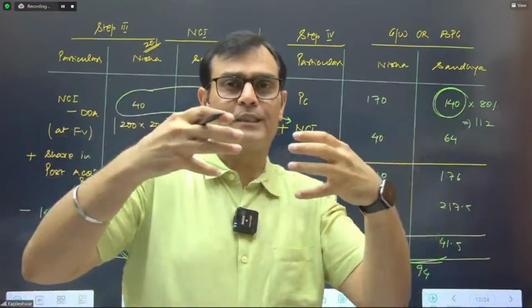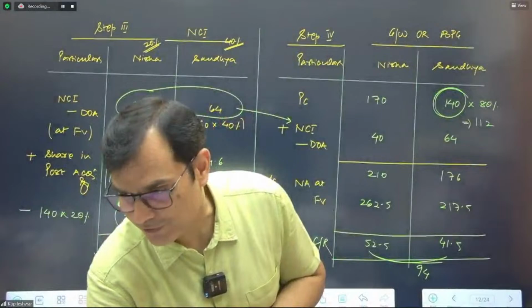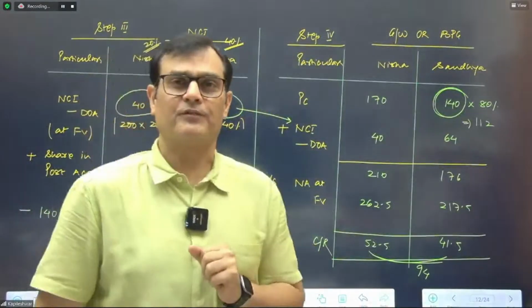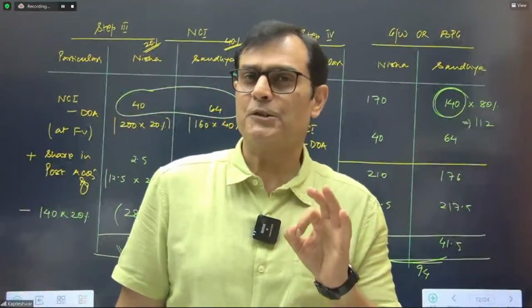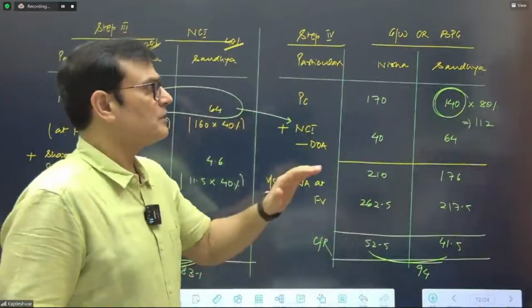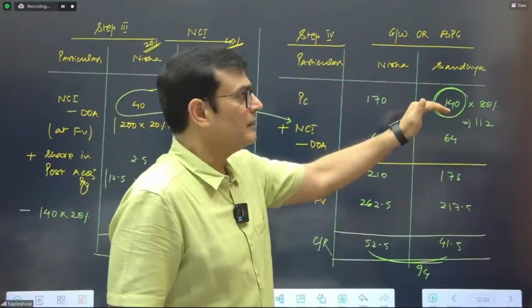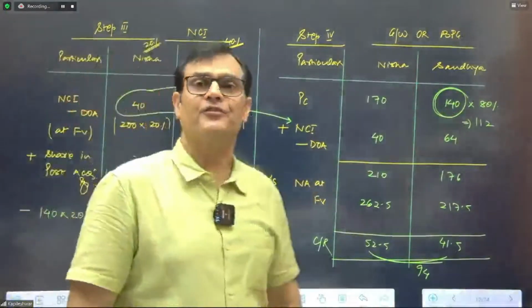So you are going to set it off against NCI. Am I clear with the logic, friends, on this? Did you get the entire logic in terms of things? You want me to consolidate this once again, or is this pretty clear? I've given you the logic of why I'm considering 80% here. I'm also giving you that the 20%, why is it getting reduced from the NCI of Nisha?